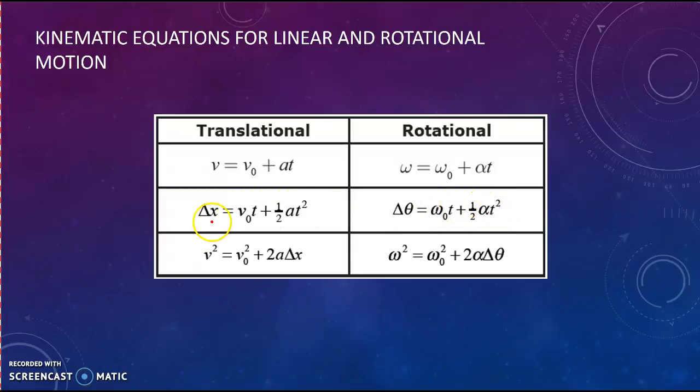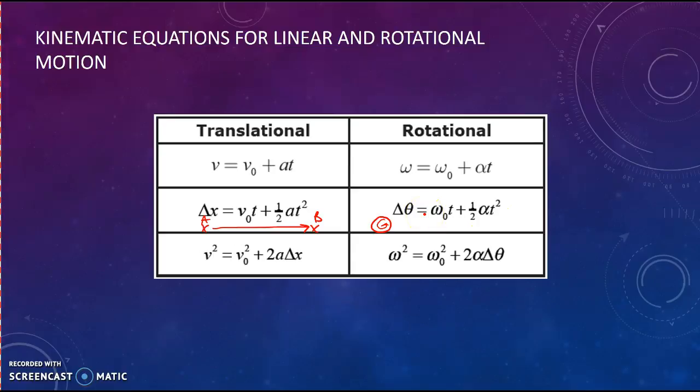So this tells me the displacement of an object. Say I have an acceleration going from point A to point B, and I have a certain amount of time that it occurs, I can get the change in displacement. What this equation will allow me to do is calculate how many radians were swept out given the acceleration, maybe I was speeding up or slowing down, and the time over which this angular acceleration occurs.